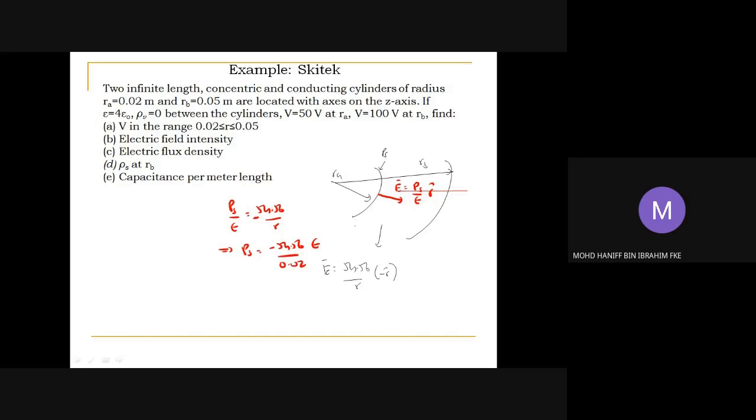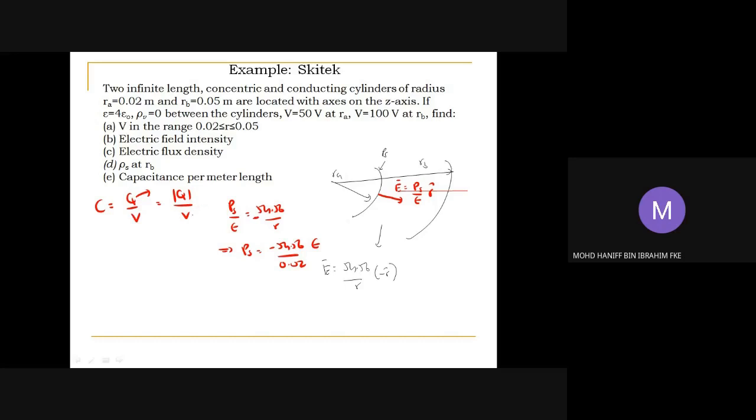As I mentioned just now, although the rho s is negative, it's correct. But in calculating capacitance C, which is Q over V, Q must be positive. If you go back to chapter 5, the definition of capacitance, Q is a positive charge, so we just care about the magnitude, not the sign.